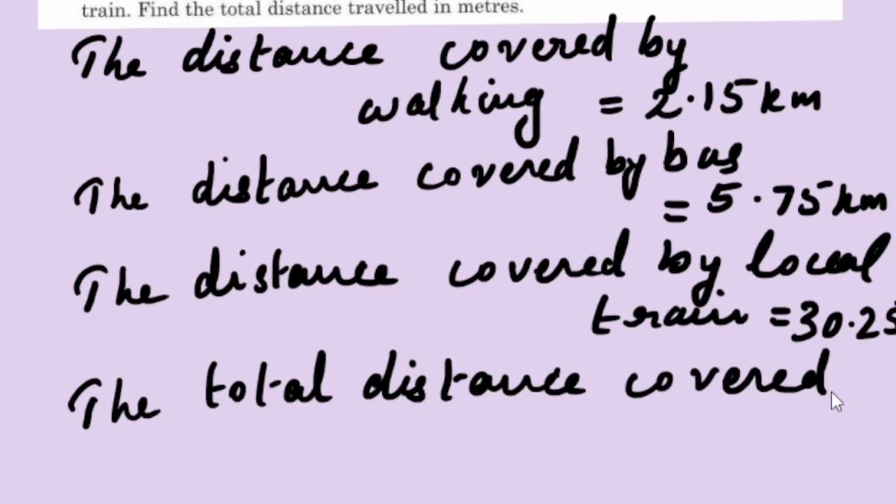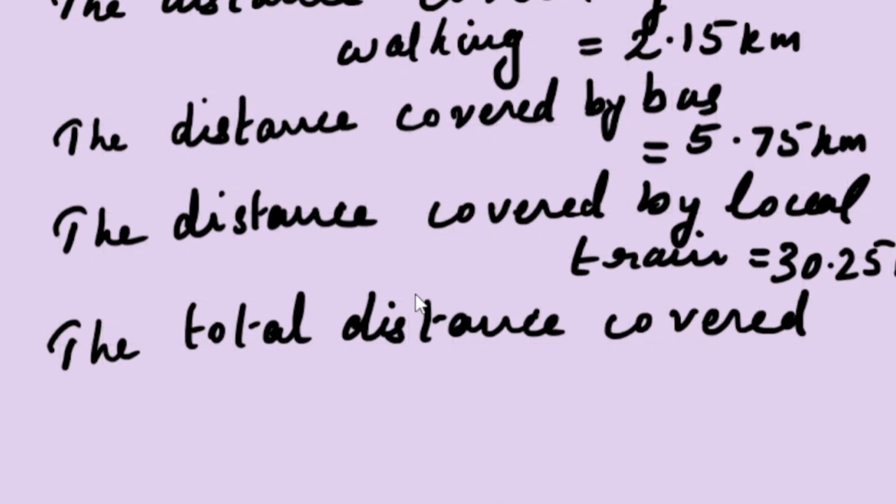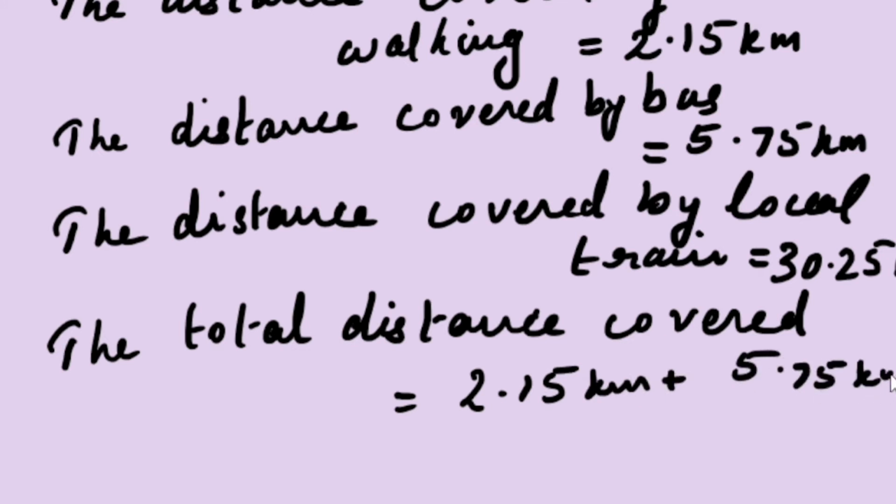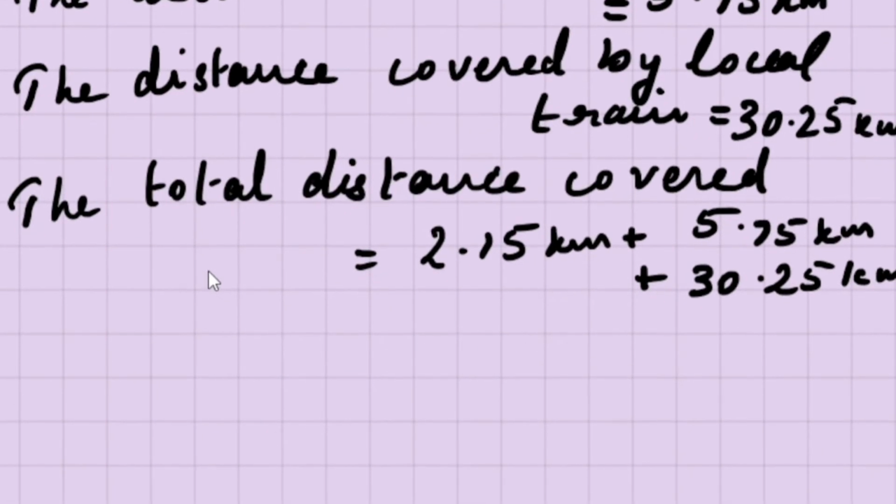How we can find out? We have to add all these 3. So that will be equal to 2.15 kilometer plus 5.75 kilometer plus 30.25 kilometer. Add that 3 and find out the answer.